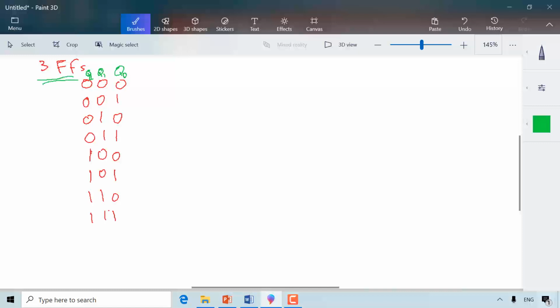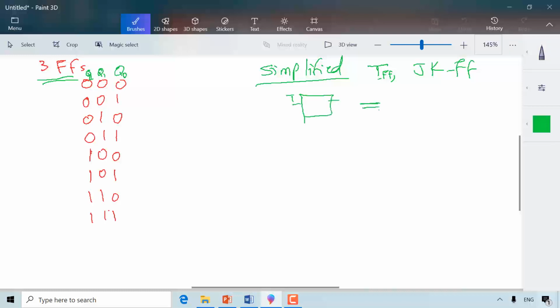Now the simplified method typically uses T flip-flops or JK flip-flops where we short the J and K, because a T flip-flop is equivalent to a JK flip-flop when you short the J and the K. They are the same. A T flip-flop is the same as a JK flip-flop provided you short the J and the K input.